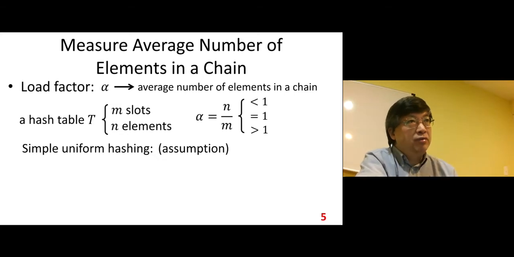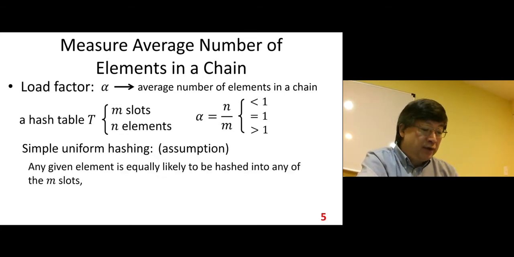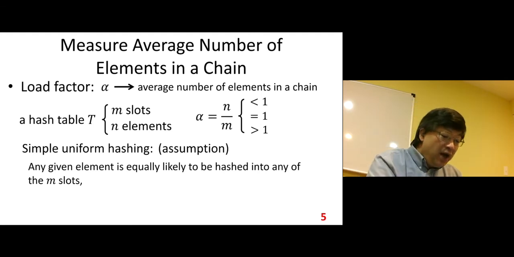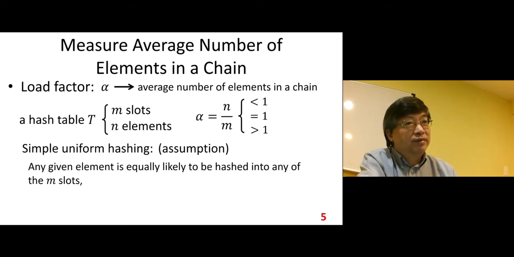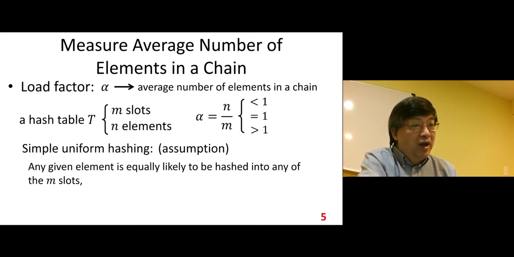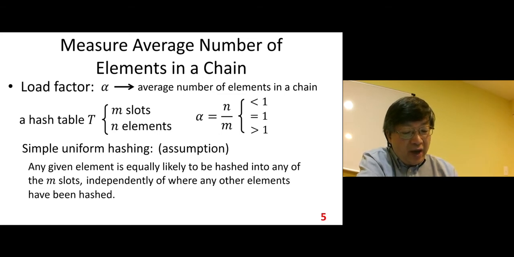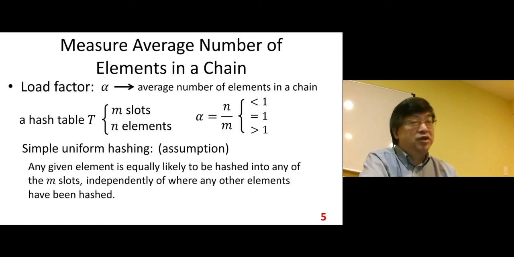Under that assumption, the performance is good for this method. Any given element is equally likely to be hashed into any of the m slots. That's the uniform assumption, independently of where any other elements have been hashed. So no relationship, an independent way.